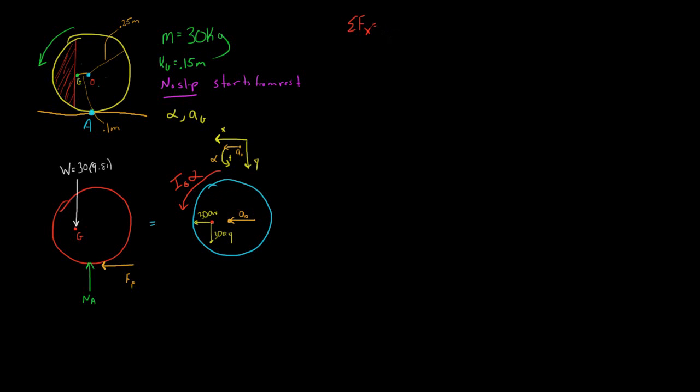So now I want to sum my forces in my x direction. And this is going to be equal to a mass times an acceleration of my center of mass in my x direction. And this is the positive way. So right here I'm going to have a frictional force F, which is equal to my mass times my acceleration in my x direction. I'm going to look at the sum of the forces in the y direction, which is downward positive.